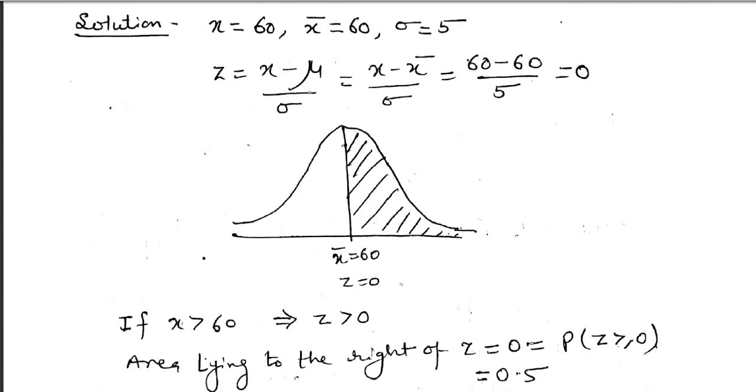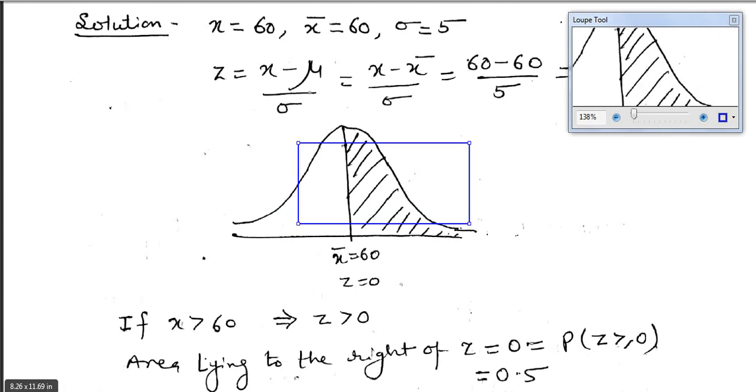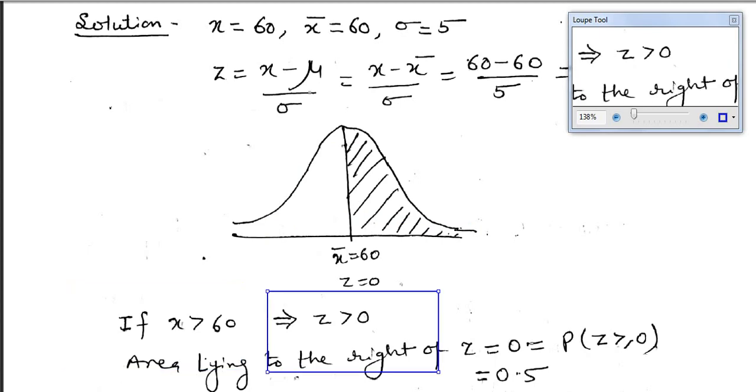So this is the normal curve where the middle line x bar is equal to 60 and z is equal to 0. If x is greater than 60, it means z is greater than 0. So by using the normal variate, we convert the given problem into the form of z variate.